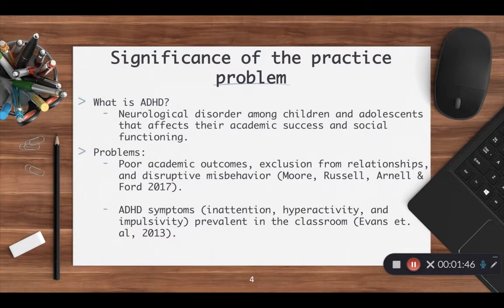So let's get started with the significance of the practice problem. The reason why I chose ADHD, before I go into the definition, is I see this condition a lot in my class. Sometimes the students are diagnosed, they go to the doctor and they are diagnosed, and sometimes, even though it's not within my scope of practice, I don't go about and tell them, oh, you have ADHD.